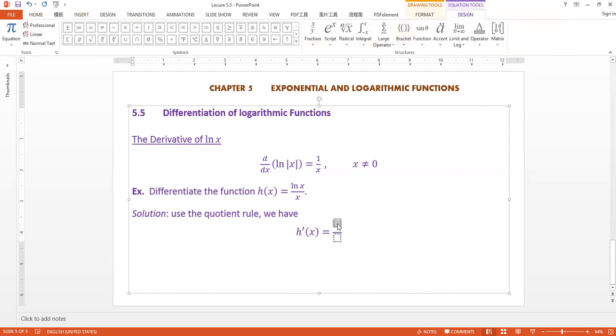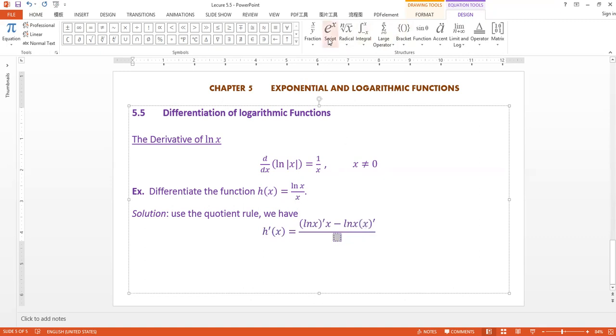All right, so the derivative h prime will be a quotient. According to the quotient rule, it has to be the derivative of the top, so (ln x) prime, times the bottom, minus the top, ln x, times the derivative of the bottom, over the square of the bottom.